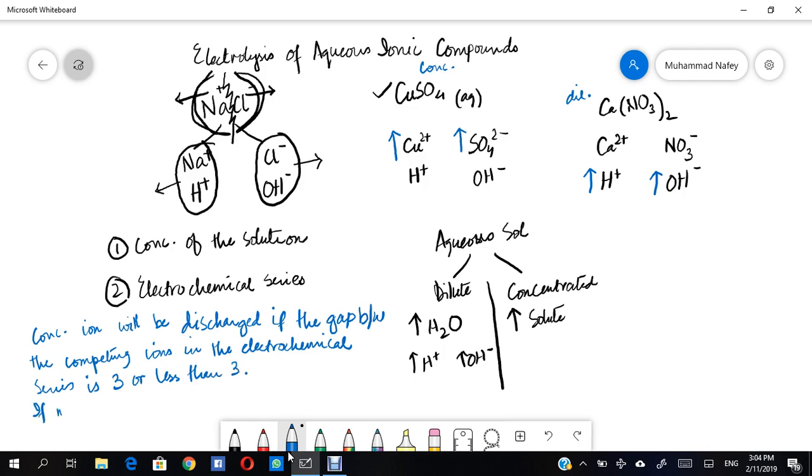If the gap is more than 3, the ion lower in the series is discharged.